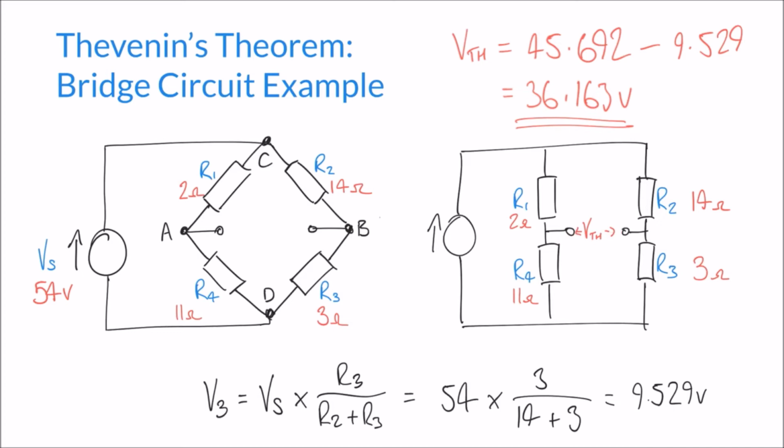Either way, we've gone halfway now with our example of Thevenin's theorem. We've determined the Thevenin voltage. The second half now is to determine the Thevenin resistance. And it also helps to attempt to redraw this circuit in order to determine the Thevenin's resistance, the resistance between the terminals.